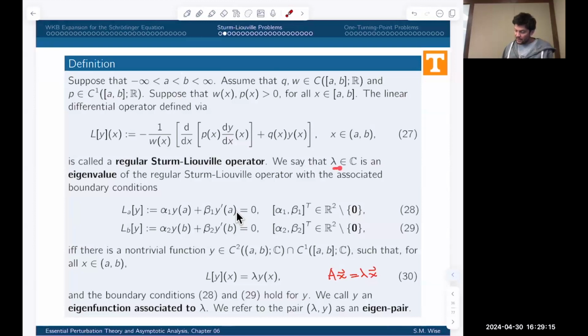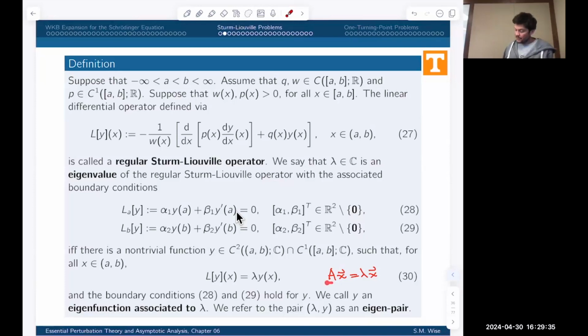We say that lambda in C is an eigenvalue of the regular Sturm-Liouville operator associated with the following boundary conditions. Now, when you talk about derivatives or differential operators, you always have to pair those with boundary conditions.